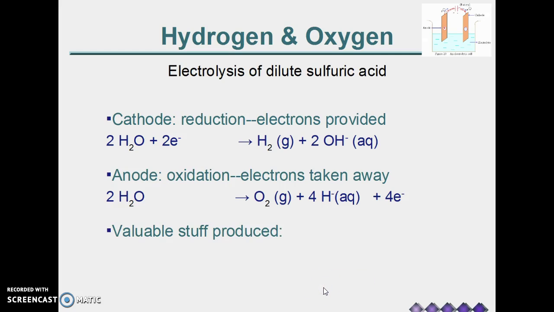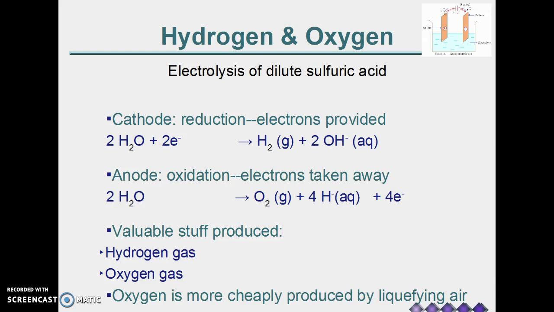What valuable stuff is produced? Hydrogen gas and oxygen gas. Both can be sold. The trouble is, oxygen is more cheaply produced by using a very good refrigerator to liquefy air and then separate the components like carbon dioxide, nitrogen, and oxygen from the liquid air.